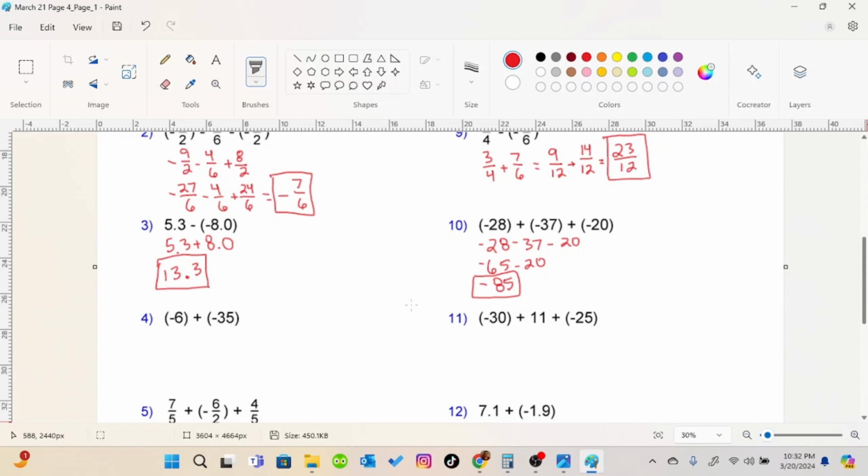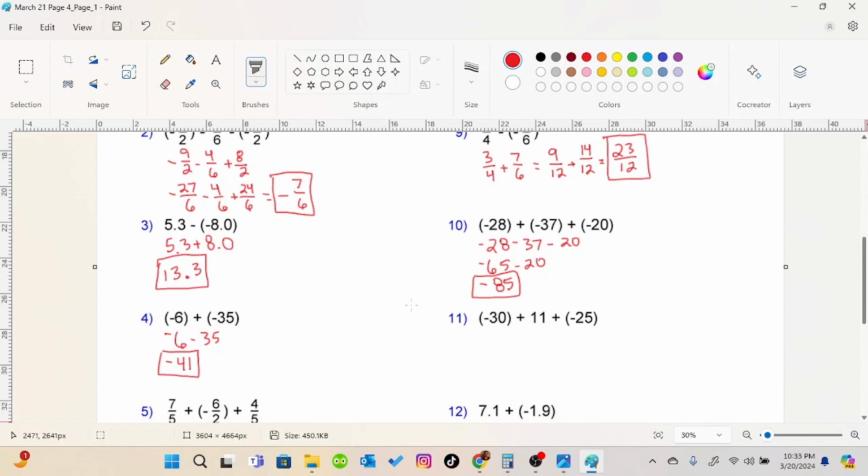Number 4. If you are adding a negative, it becomes subtraction. So negative 6 minus 35 equals negative 41. Number 11.